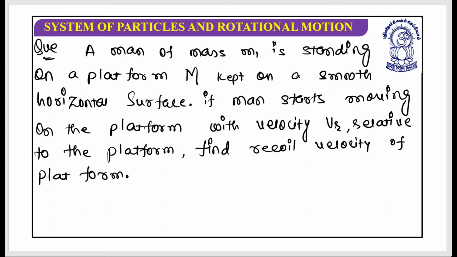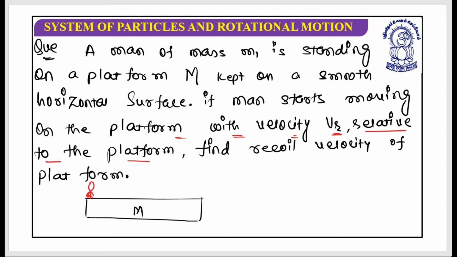This situation could be seen something like this. This was the platform the data is talking about. The platform has mass M, and let's assume that you are standing over here initially, and then the man starts moving on the platform with velocity vr, which is relative to the platform.